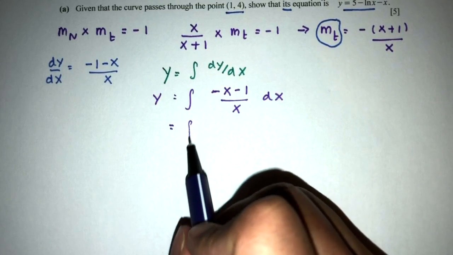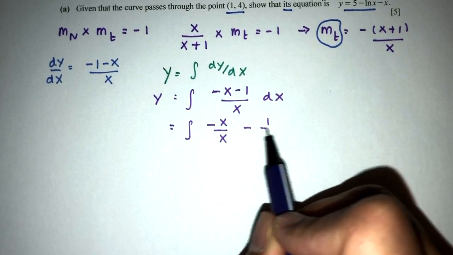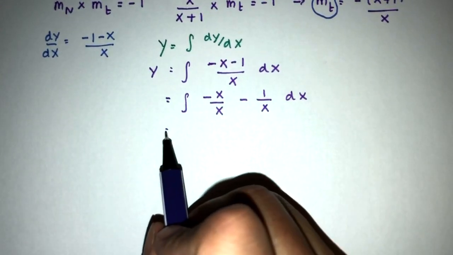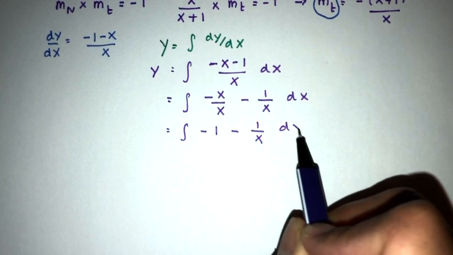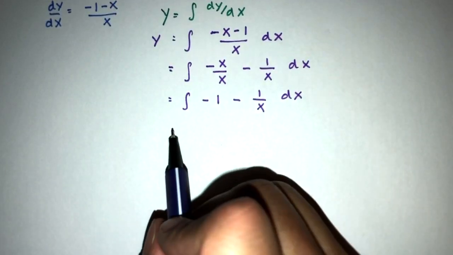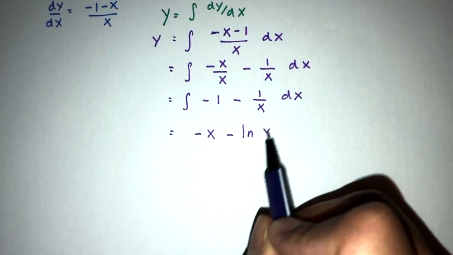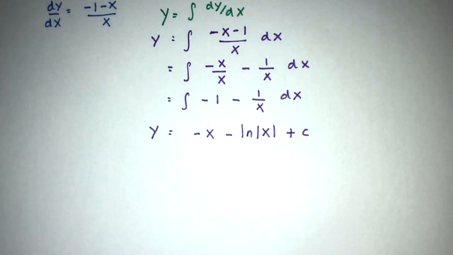You will have minus x over x minus 1 over x dx, right? So x over x is 1, that will be minus 1, and minus 1 over x dx. So simplify. That will become minus x, and that will become minus ln of x, plus c, of course, for the constant of integration.